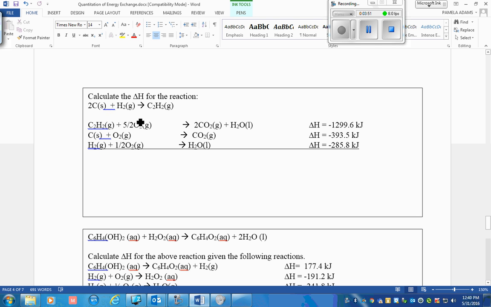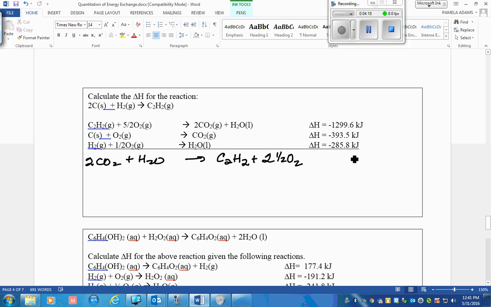So starting off, I have C2H2 as a reactant, and I want it to be a product. So I'm going to go ahead and flip that right now. So 2CO2 plus some H2O will yield C2H2 plus 5 halves O2s, otherwise known as 2.5 O2s.